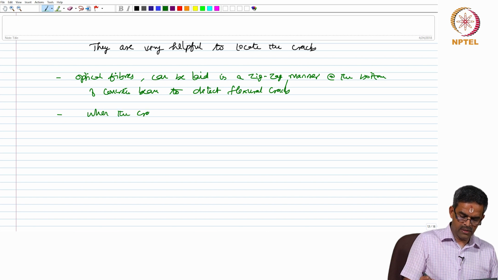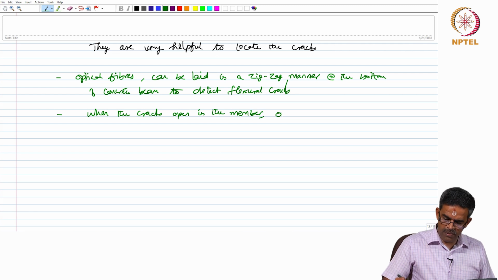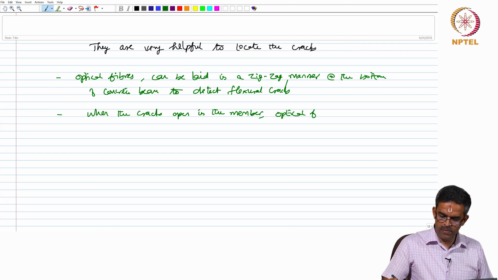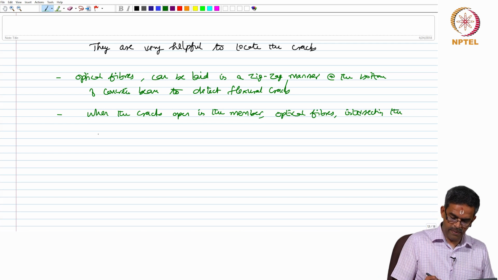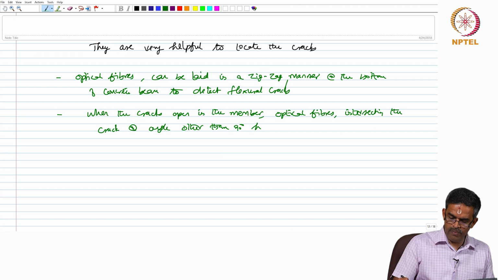When the cracks open in the member, optical fibers intersecting the crack at an angle other than 90 degrees have to bend, okay?